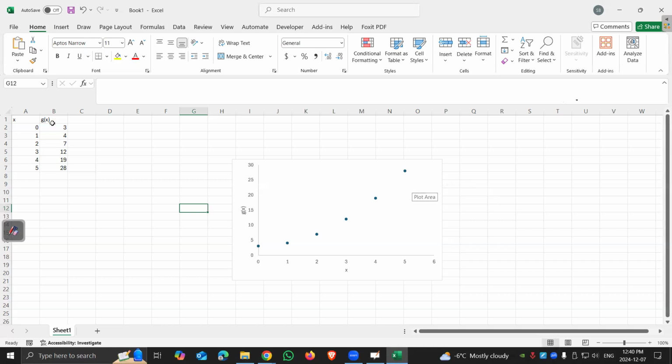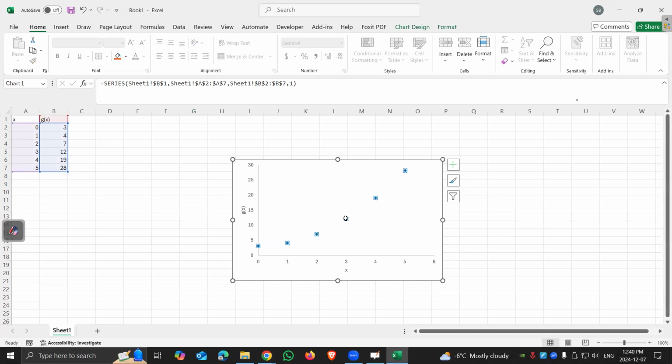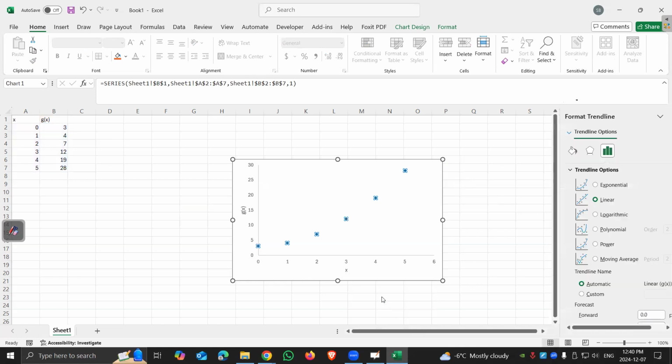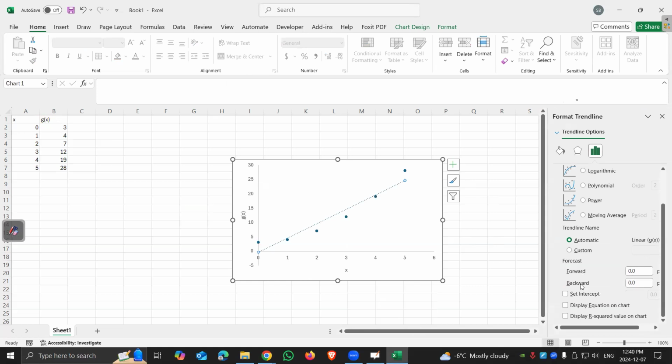And then in the final step, because the question was to figure out an equation for this, we're going to click on the dots. You have to click on the points, right click, add a trend line. Trend line is a curve of best fit. So it'll try to fit a curve, any function that you really want, and it'll fit through it. The default is going to be linear, but we're going to see that linear is not a best fit.